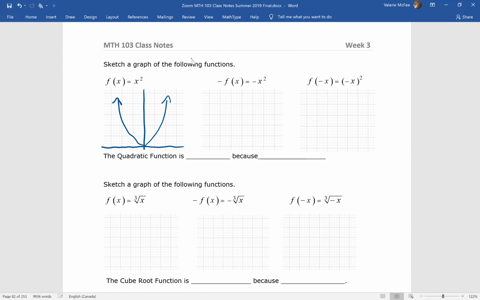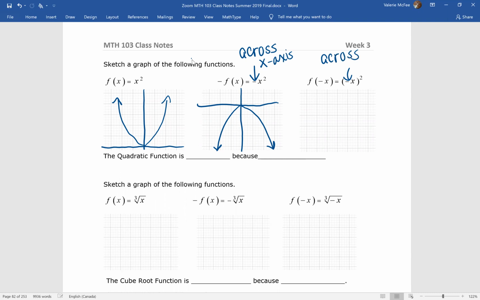You remember that the negative outside the function is the negative of our y values. A reflection across the x-axis. But when the negative is inside the function, it's a reflection across the y-axis.